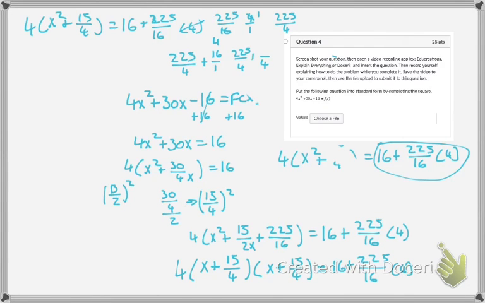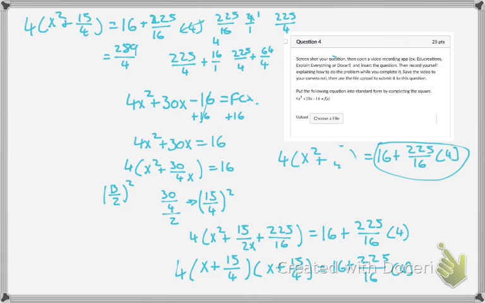So 4 times 16 is 64. So 225 plus 64 is 289 divided by 4.